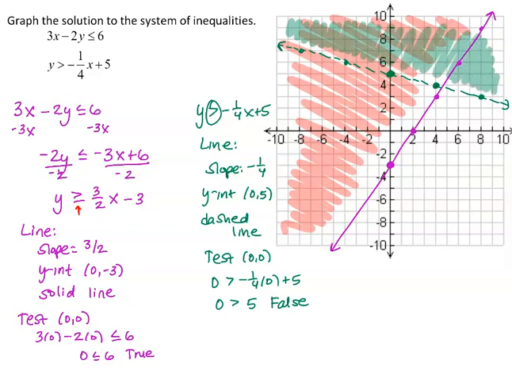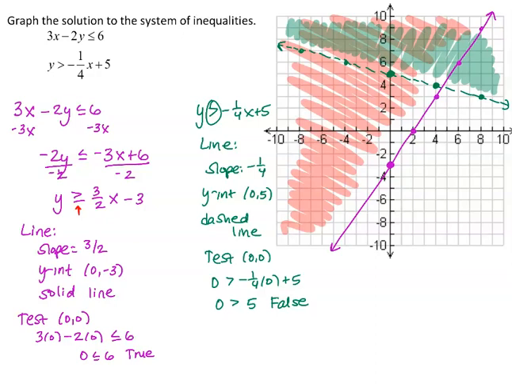So if we shade above our green line, what you notice is that each line shaded 2 sections on the graph. We are looking for the overlap of those shadings as our solution to this system. So you can do a couple of things. You could erase the shading in the parts where you don't want.